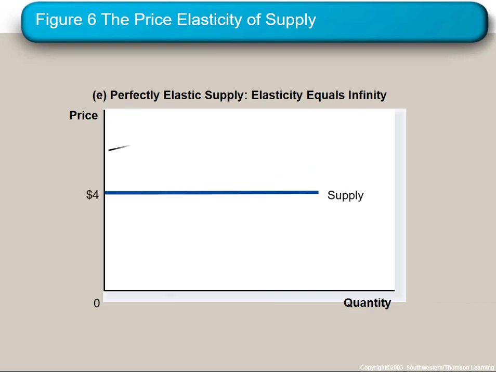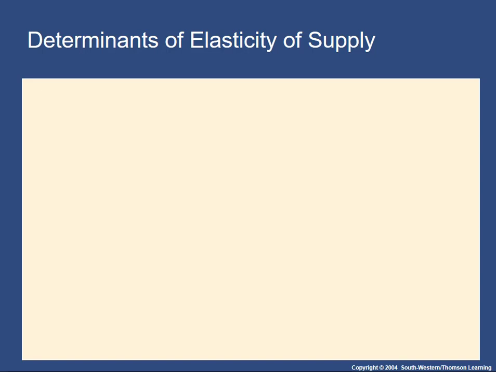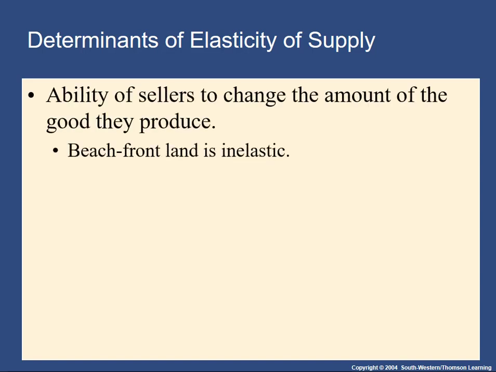And then you have the perfectly elastic supply curve. What this means is that producers will produce any quantity at some price that's 4 or above, but as soon as the price drops below 4, then they stop supplying at all. So how do we interpret elasticity of supply?